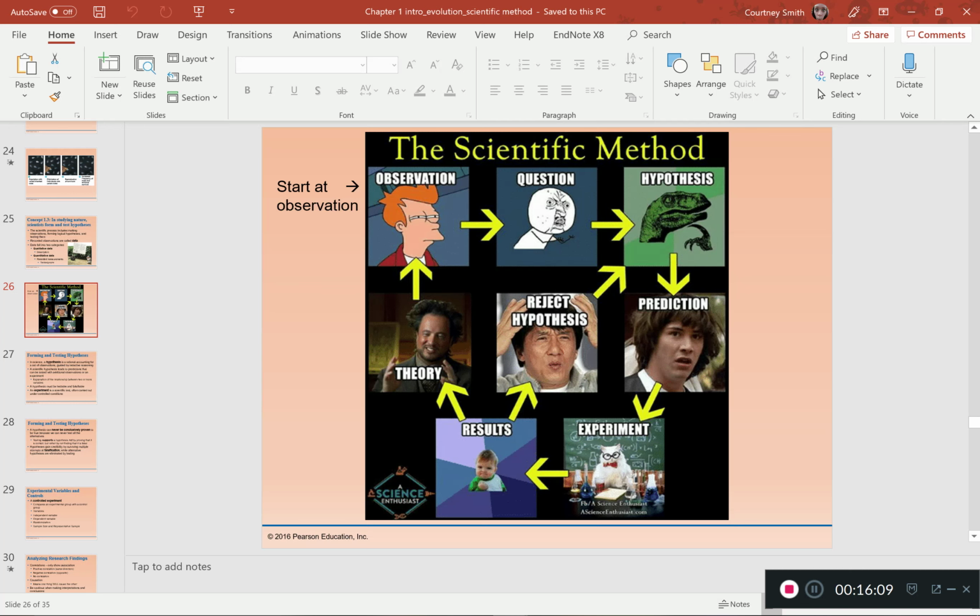But if your results support your hypothesis, then a lot of times it becomes a theory, kind of like what happened with Darwin. Then you start all over again if you're starting a new project. So this is the idea of the scientific method. Definitely think of that while you are studying.